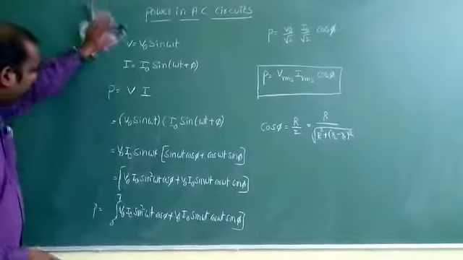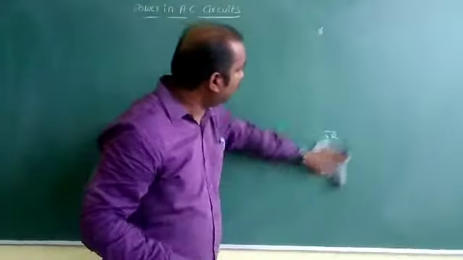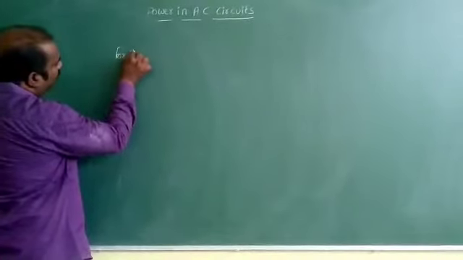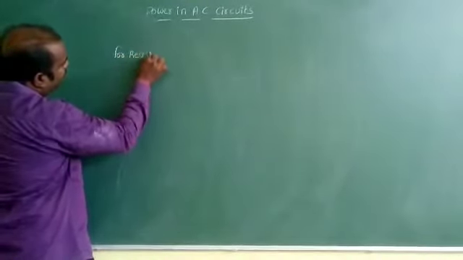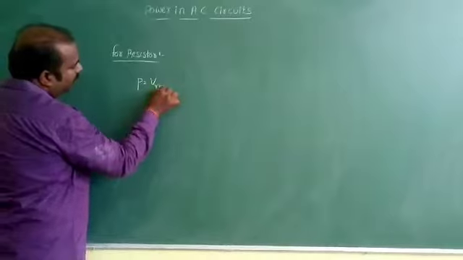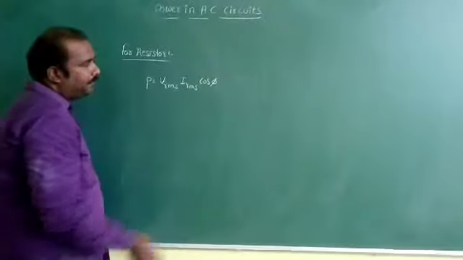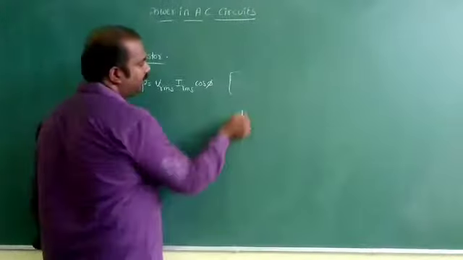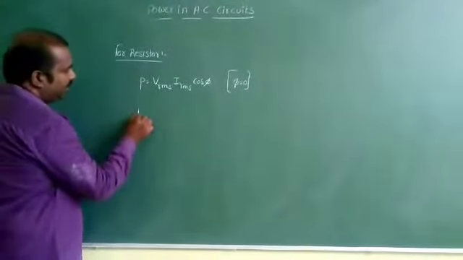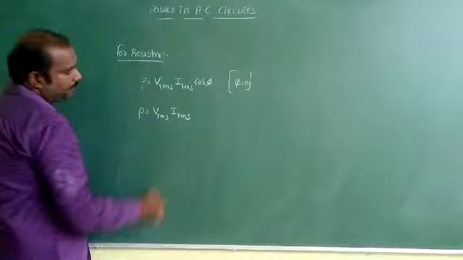Now you see the power for resistor, capacitor, and inductor, one by one. For a resistor, the power equation is P is equal to Vrms Irms into cos phi. But here there is no phase difference, phi value is 0. Cos 0 is 1, and finally the power equation is P is equal to Vrms into Irms.